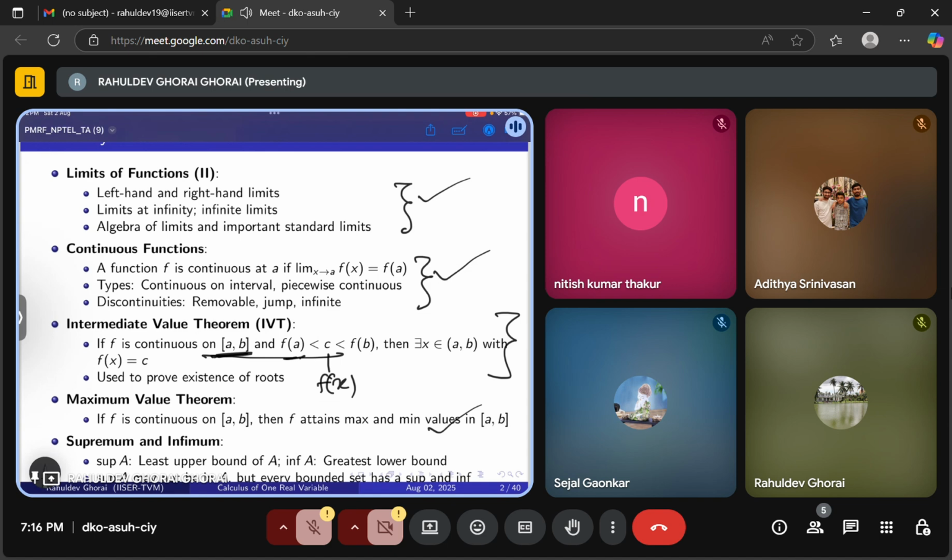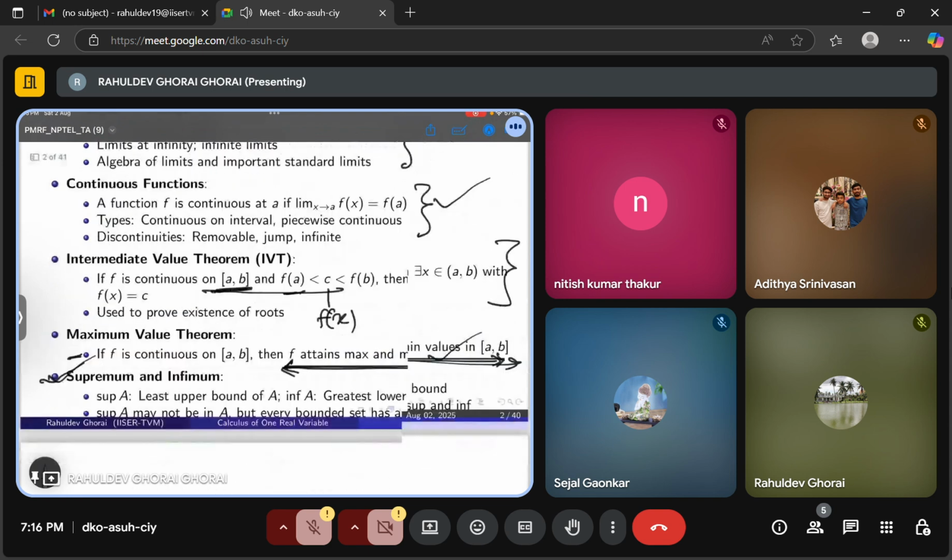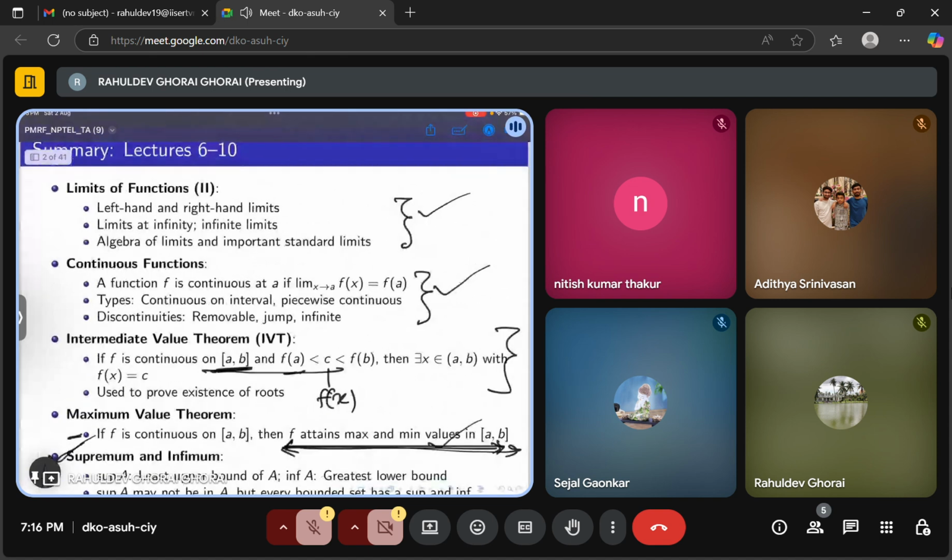And you have the maximum principle. I don't know whether it is done, so I will not be doing it in this class, leave the maximum principle. But supremum and infimum: the supremum of A is the least upper bound, and the infimum of A is the greatest lower bound. Assuming all these things, all of you know, I am just moving.